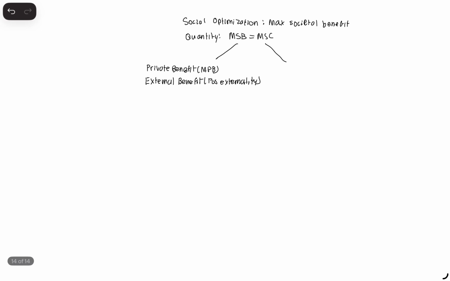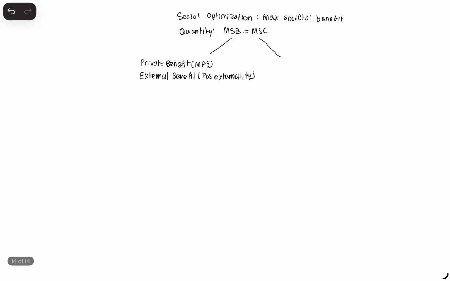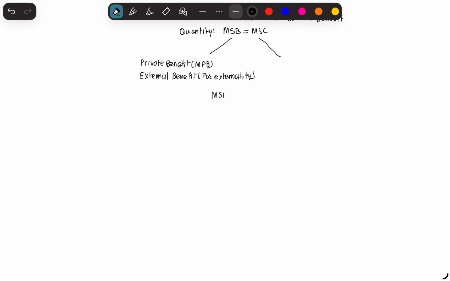So, your MSB is equal to your MPB plus your MEB.